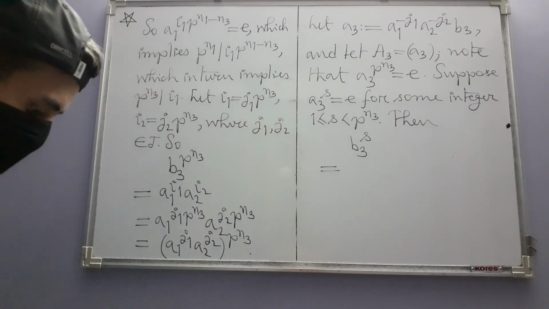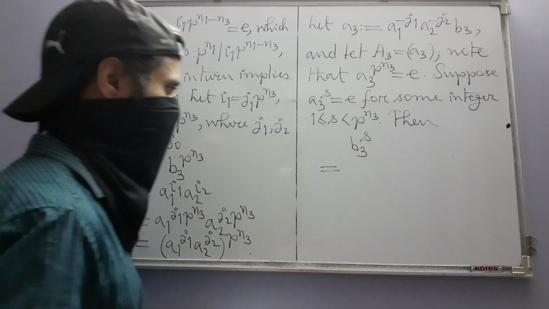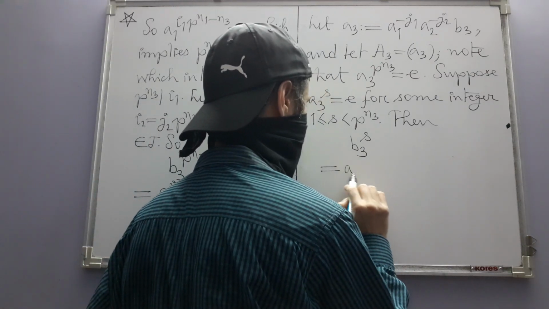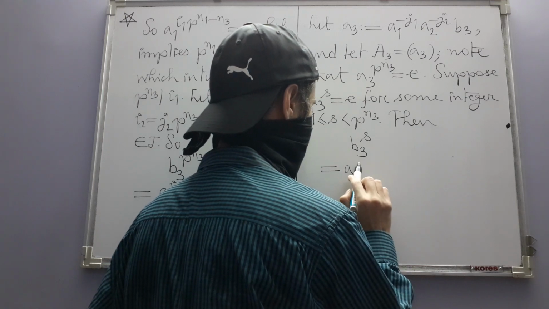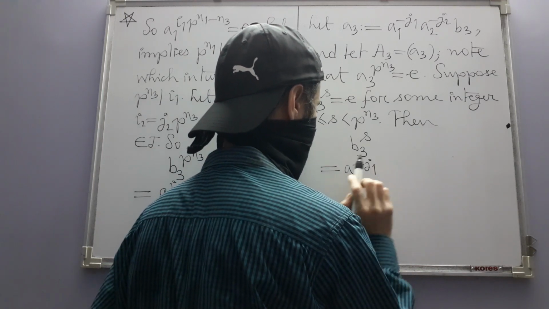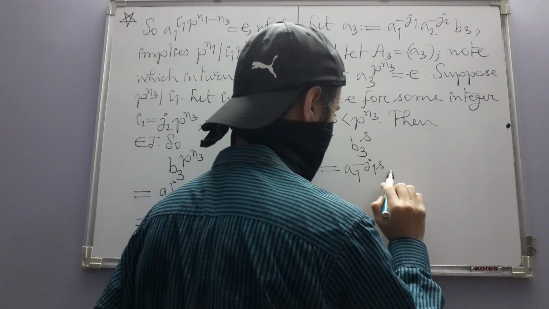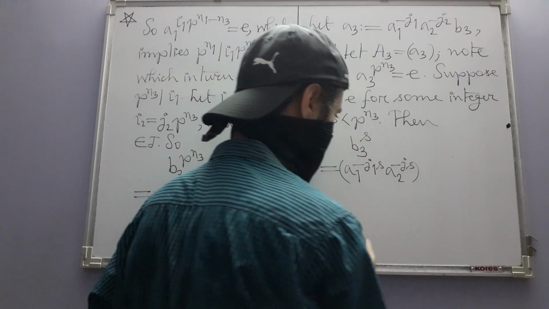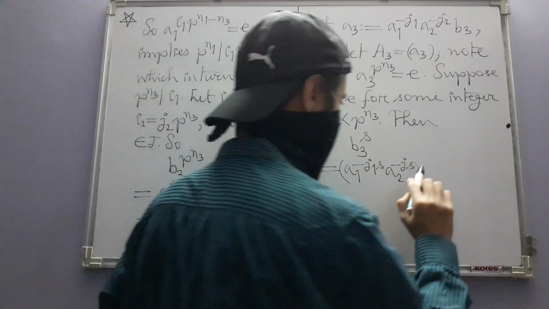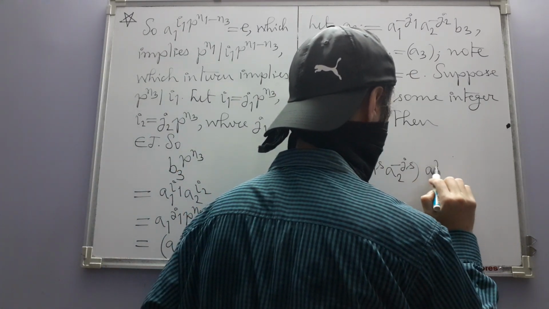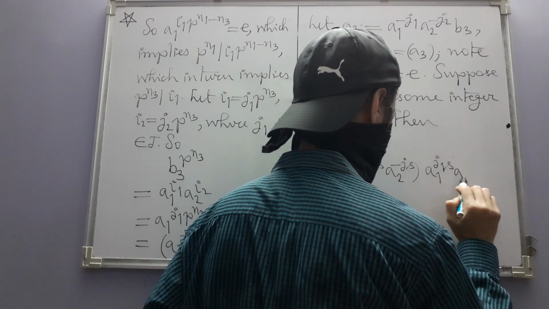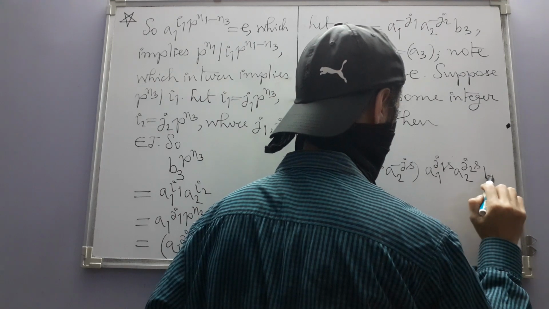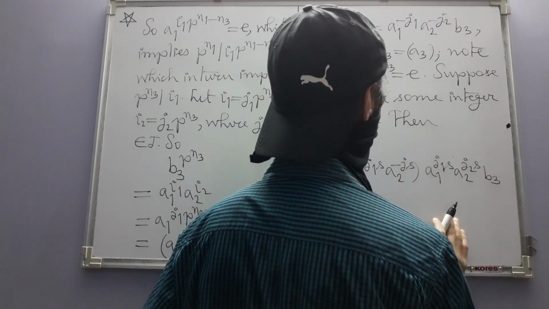So what can we write in its place? We are going to have to introduce terms by adjusting things: a1 to the power minus j1s times a2 to the power minus j2s times a1 to the power j1s, a2 to the power j2s, b3.